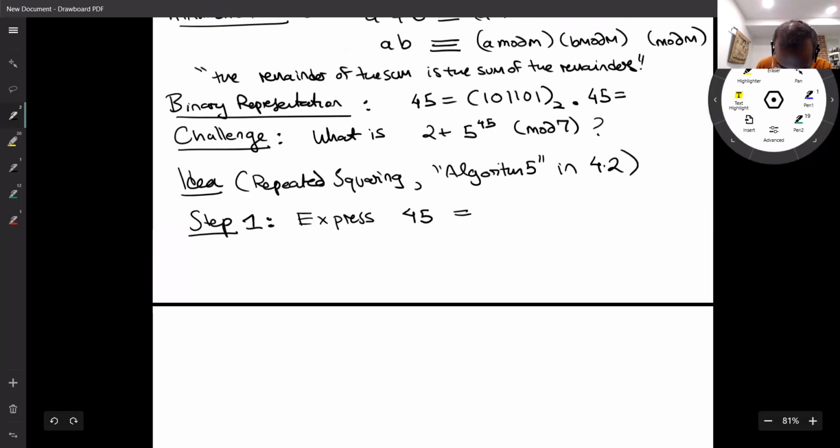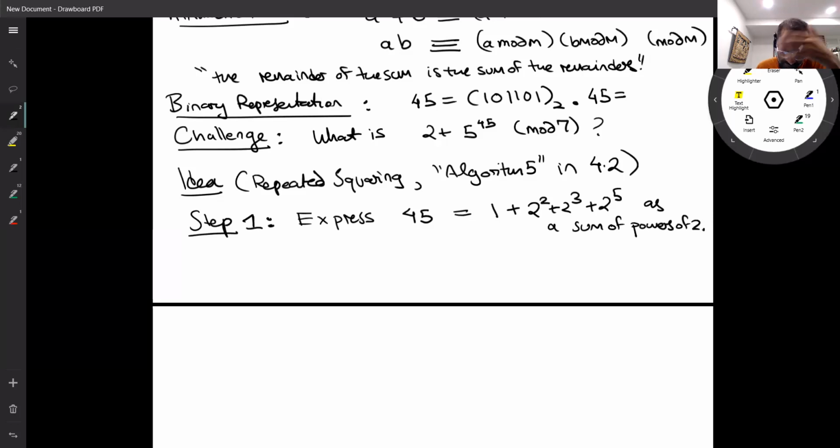And we have the binary expansion, so we have that, right? It's 1 plus 2 squared plus 2 cubed plus 2 to the 5. That's what the binary expansion tells us. Okay, so we did that last time.